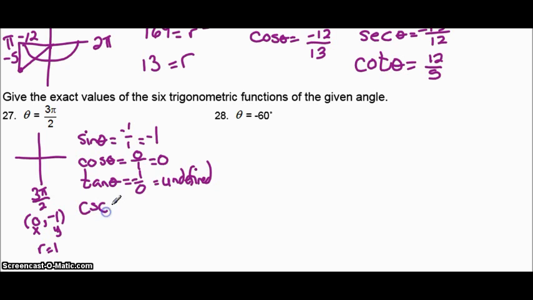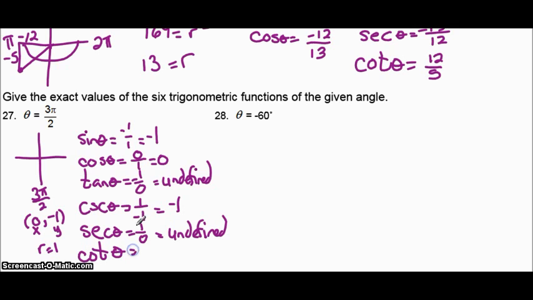Cosecant theta, being the reciprocal of sine, would be 1 over negative 1, or still negative 1. Secant theta, reciprocal of cosine, would be 1 over 0, which would be undefined. And cotangent theta would be the reciprocal of tangent, so that would be 0 over negative 1, which is 0. That should have been a negative 1 there, but still undefined.